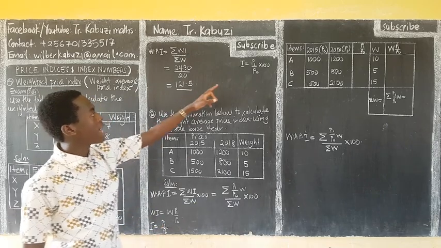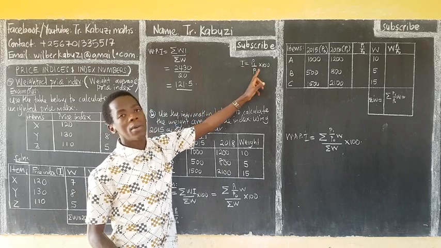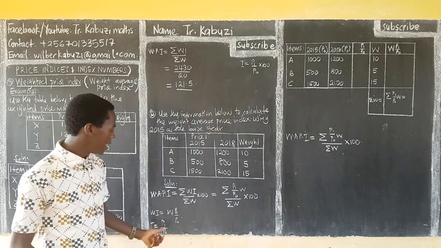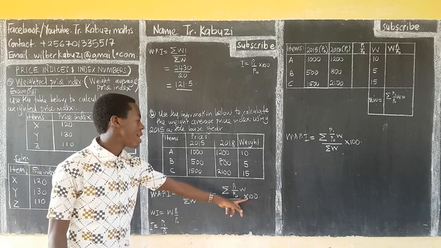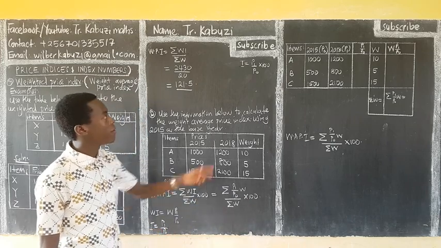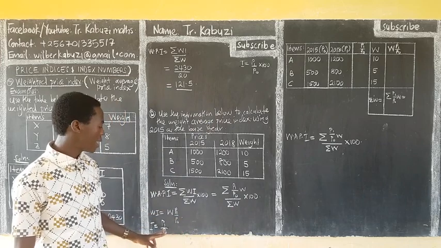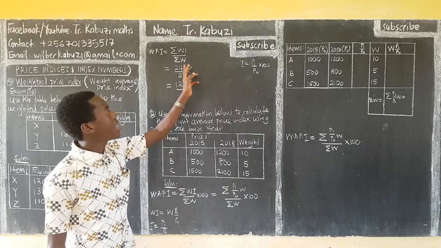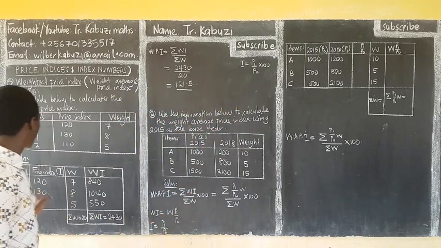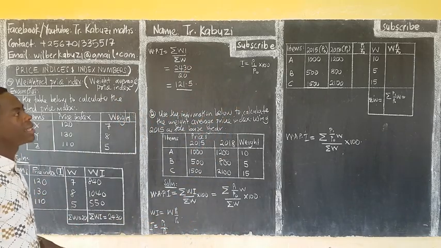Here the I is not having 100, that's why I'm including it here. There the I had 100, because they gave me the price indices.